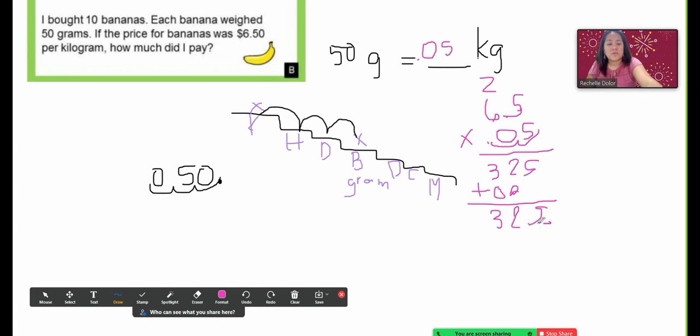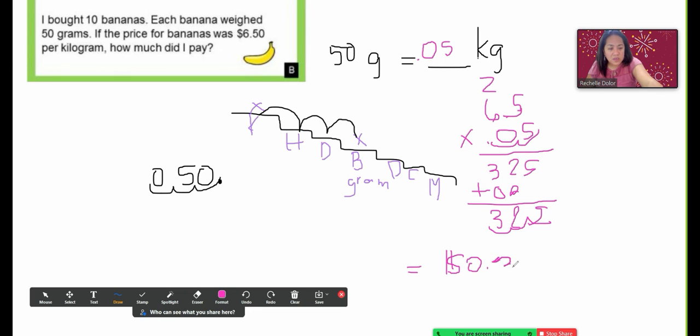So therefore, this 0.5 is equivalent to 32 cents.